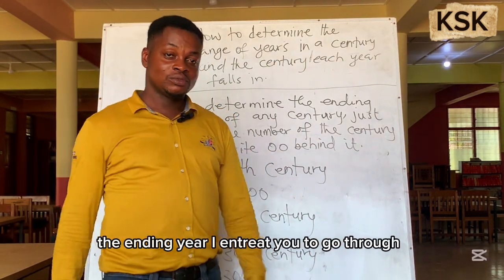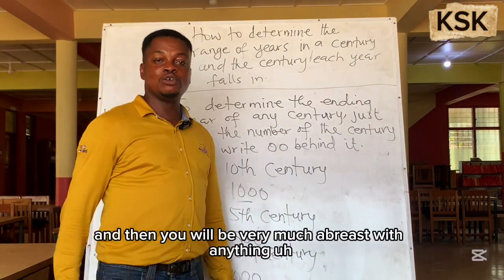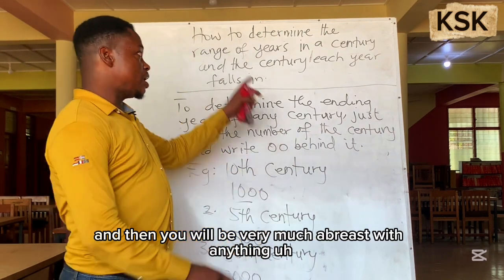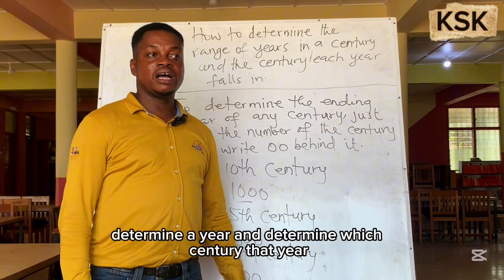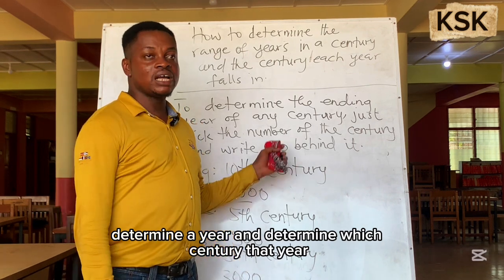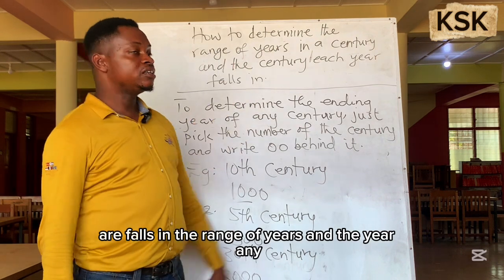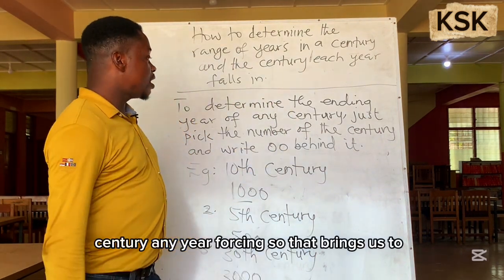I entreat you to go through them, learn them quickly, and you will be very much abreast with anything that pertains to determining a year and which century that year falls in.